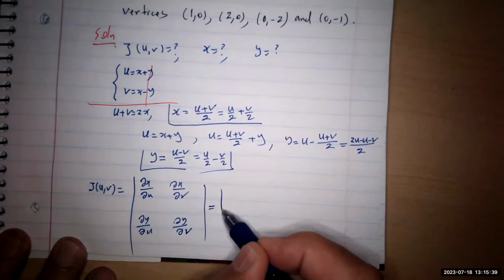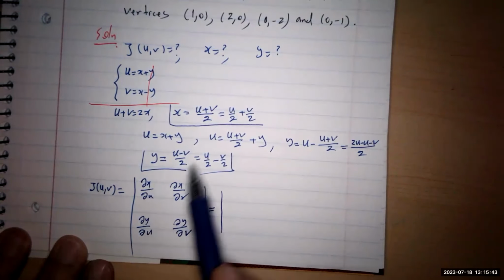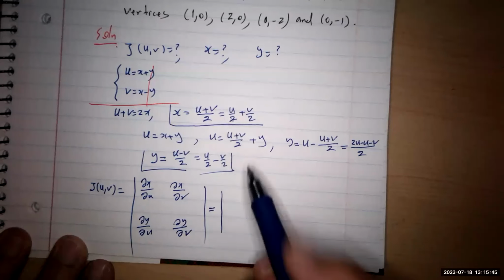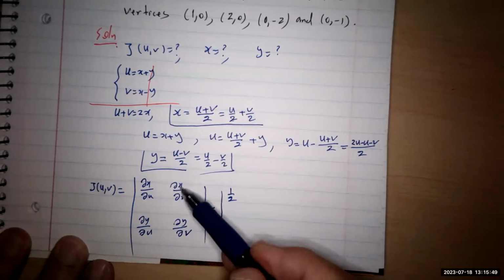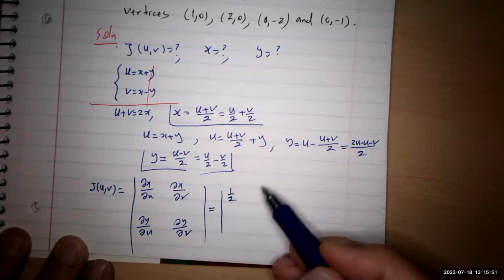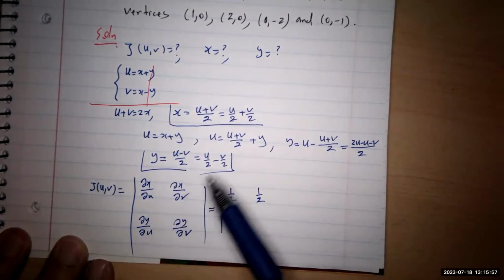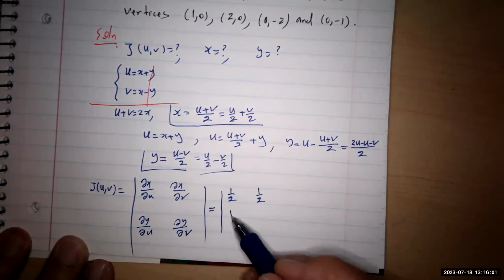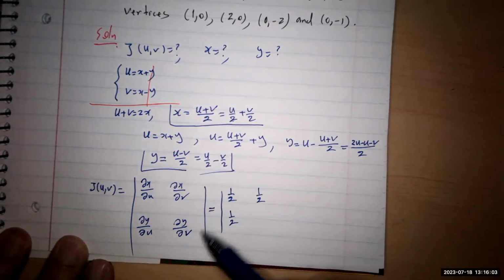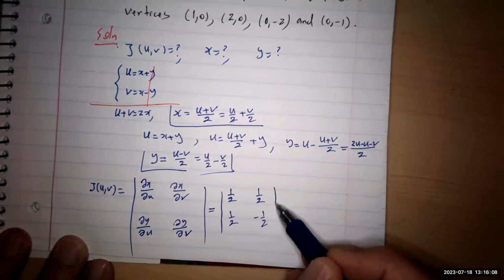Substitute. The derivative of x with respect to u just gives you 1/2. The derivative of x with respect to v would be 1/2 again. The derivative of y with respect to u would be 1/2. The derivative of y with respect to v would be negative 1/2. Cross multiply.